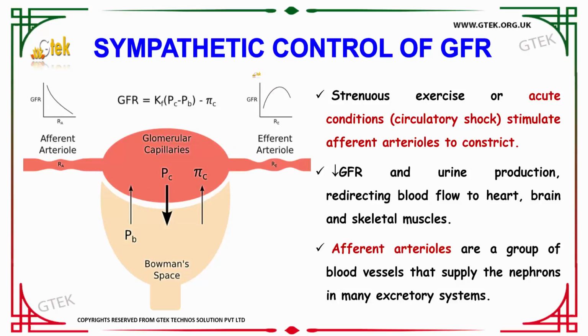This is depicted over here: when your efferent arteriole constriction is increased, there will be an increase in the filtration rate as the blood undergoes high pressure, and gradually it tends to decrease.